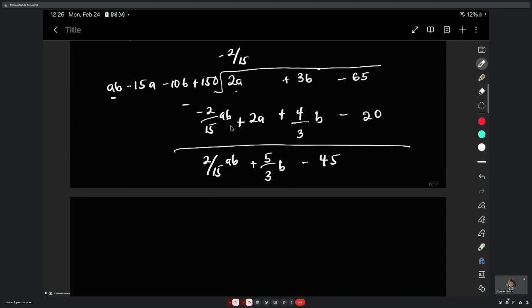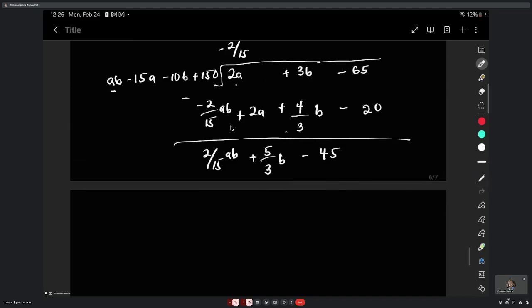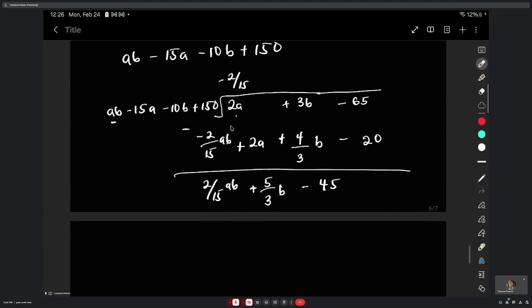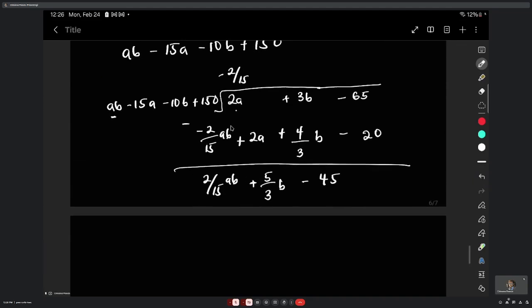Okay, so what's next? Let's go for B. What are we going to multiply with minus 10B to get 5 over 3B?